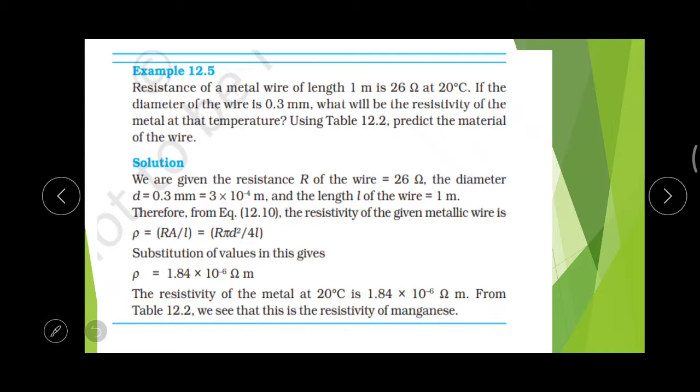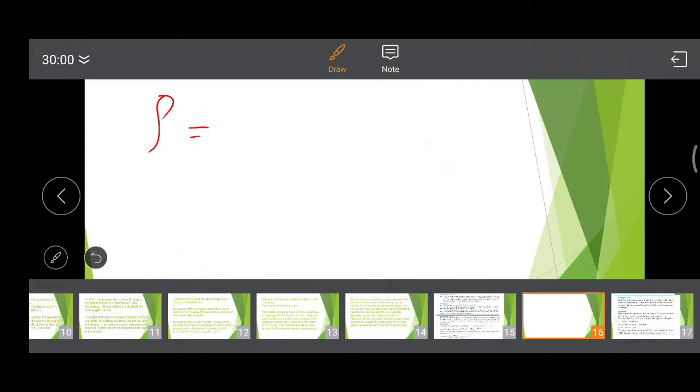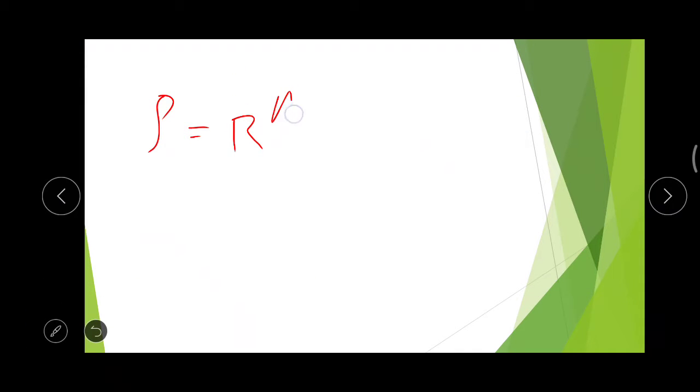So you know that rho is equal to R into A by L. This is the equation. So here R and L values are directly given. A value you have to find, isn't it?